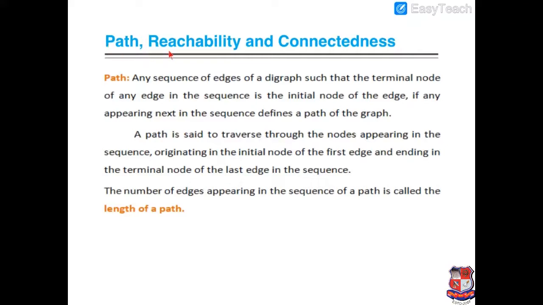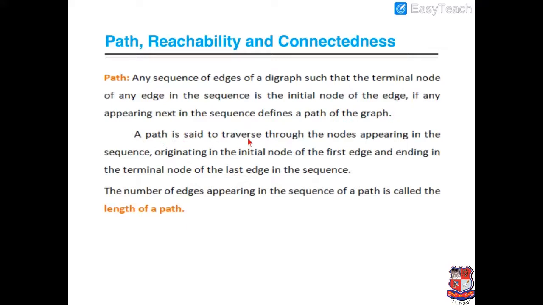Now here we discuss path, reachability and connectedness in a graph. So what is a path? Any sequence of edges of a digraph, that is a directed graph, such that the terminal node of any edge in the sequence is the initial node of the edge, if any, appearing next in the sequence, defines a path of the graph.